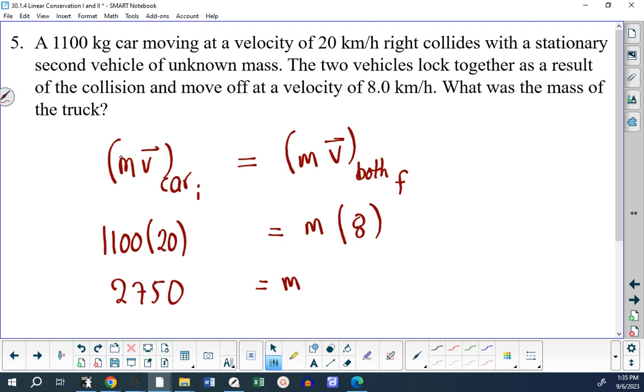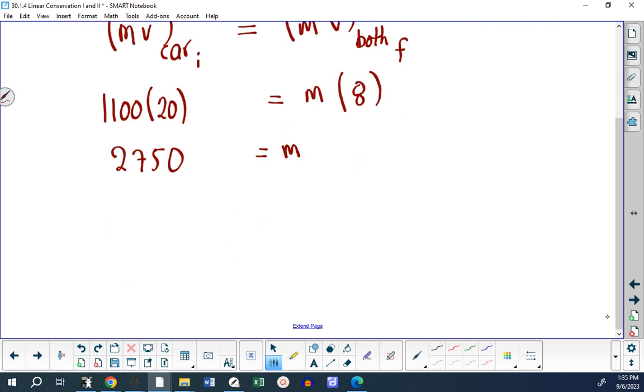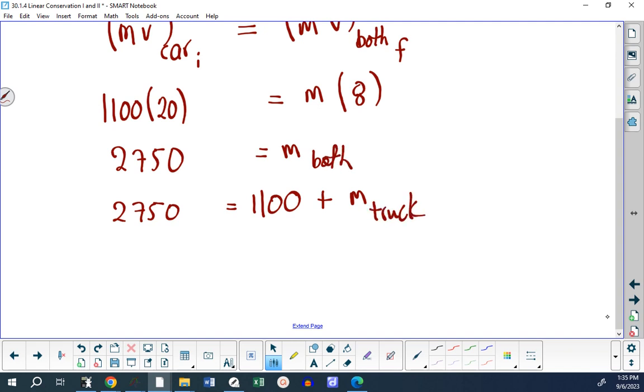Just to make sure. Now we have to figure out what the mass of the truck is. The car was 1,100, so a little bit of common sense says that this will be 1,100 plus the mass of the truck. Not a very big truck. 1,650 kilograms. Yeah? Okay, so the mass of the truck, the answer to the question, is 1,650.